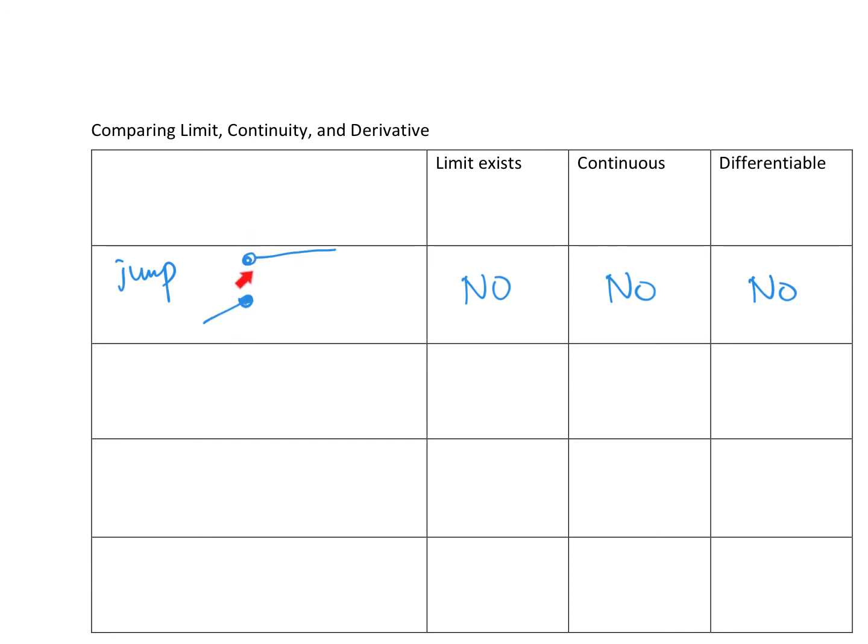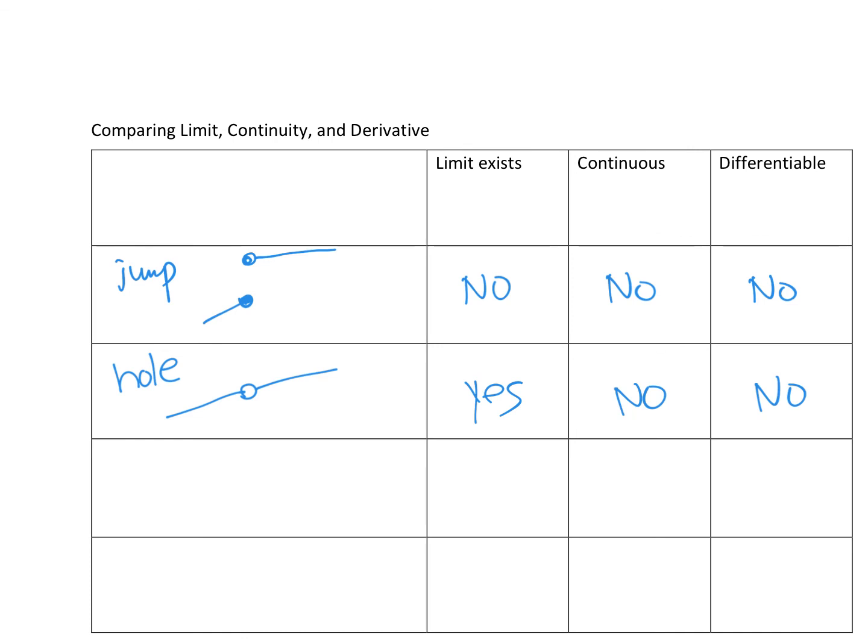It's not continuous at this point. It doesn't have the derivative at this point. So this is the most severe case. Sometimes your graph has a hole like this. I can find the limit. Limit exists, yes. But it's not continuous, so that's no. And it's not differentiable, right?